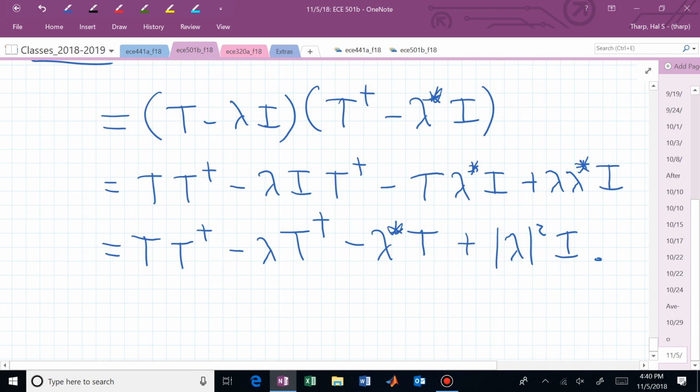Hopefully when we push all of this through on the right-hand side, we end up with those same terms.